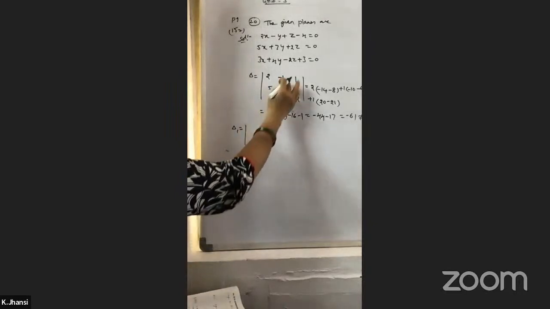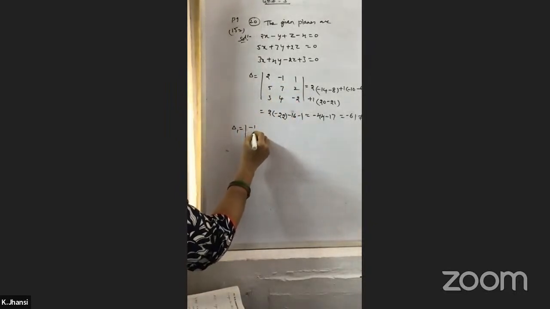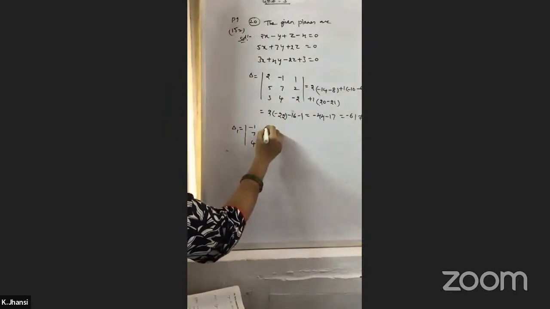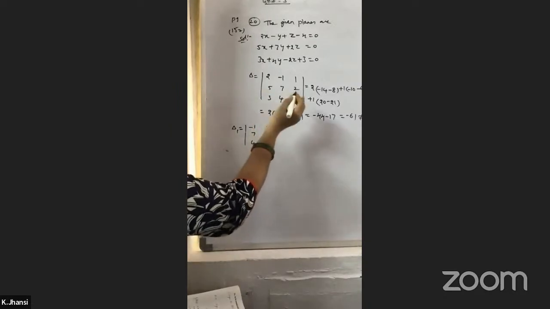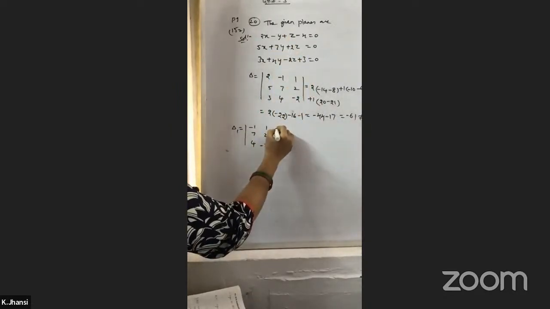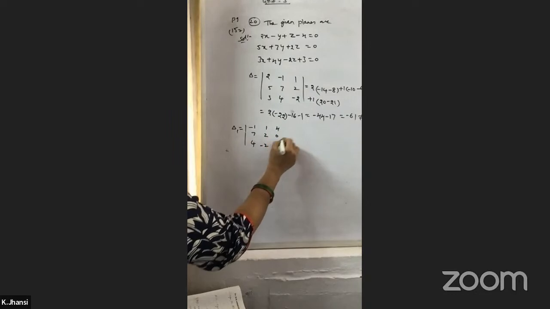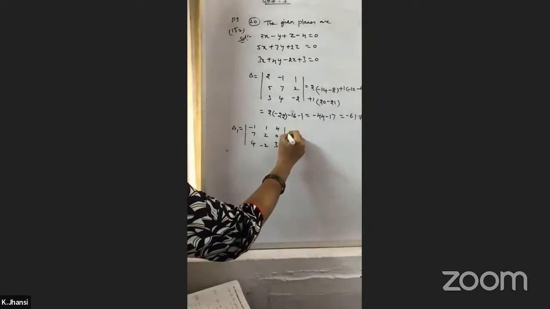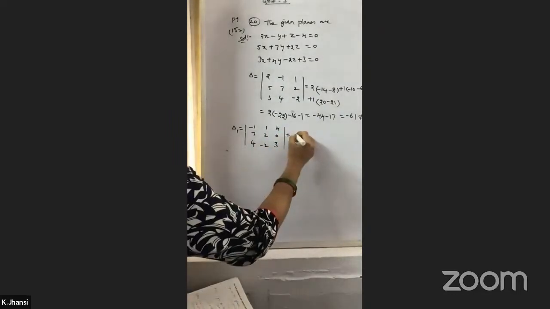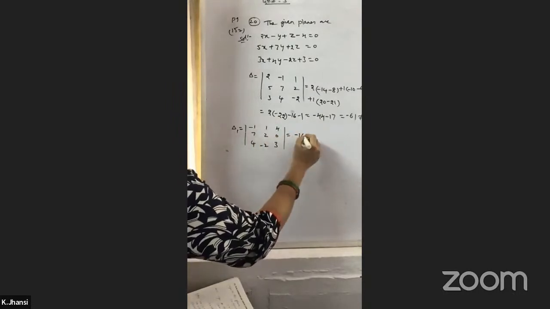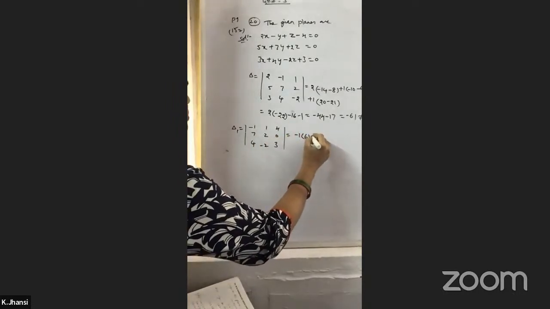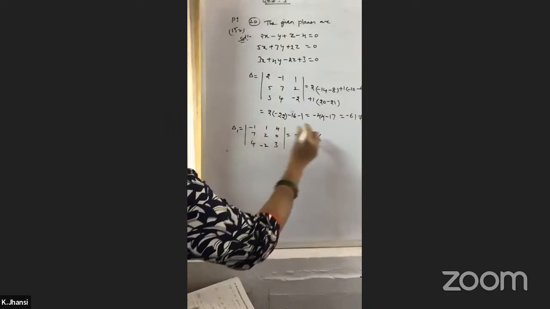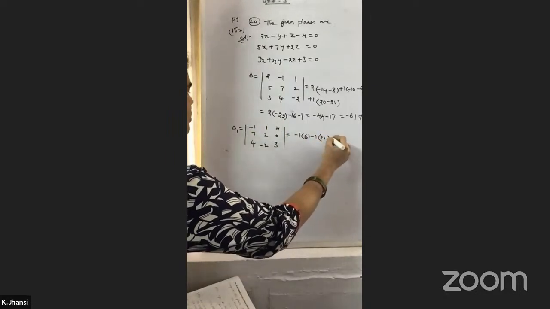That is -1, 7, 4. This is the z values, and last we have to write the constant. That is 4, 0, 3. Okay. So if you find the determinant of this, -1 into 3 times 6, this is 0. So -1 into 7 times 3 is 21, that is 0.